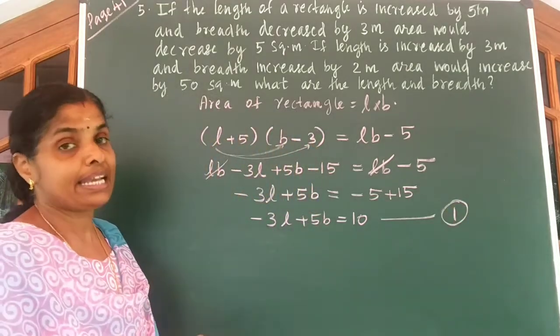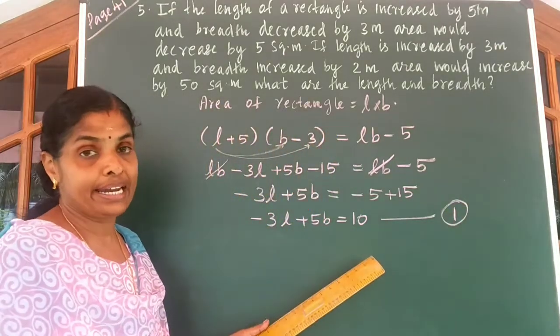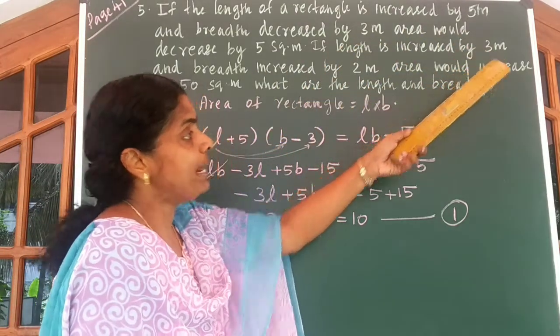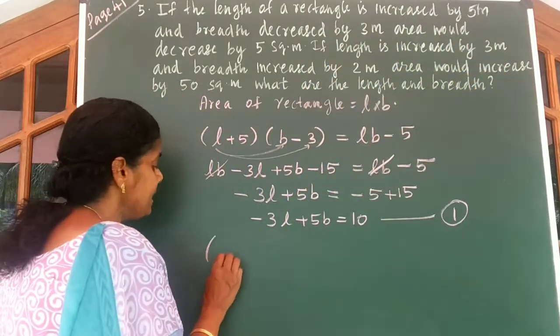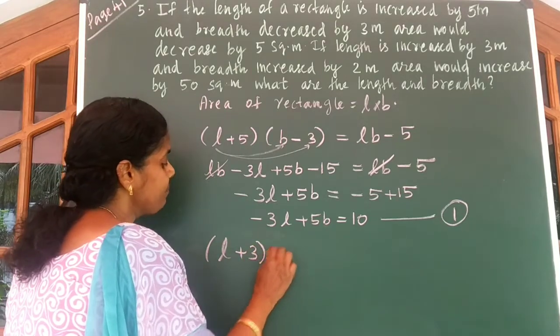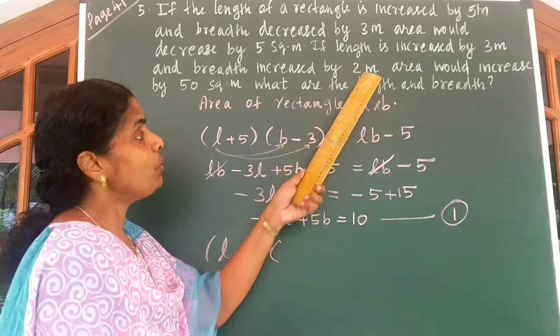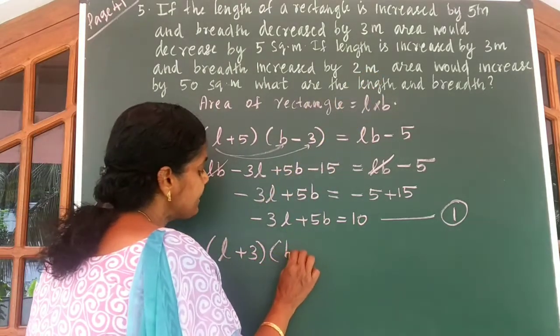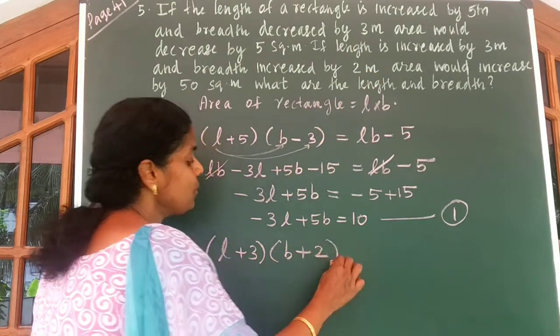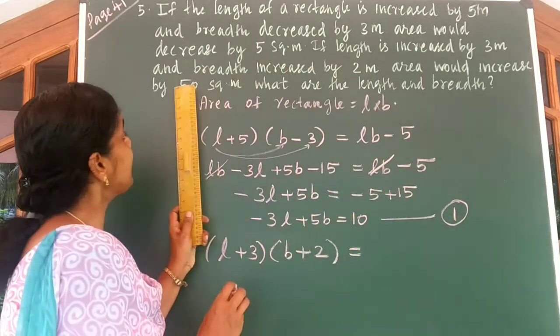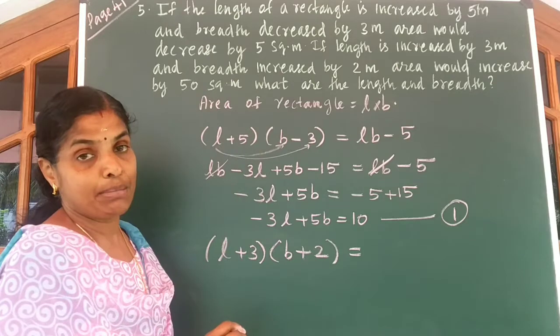Using the second condition given, let us write the second equation. If length is increased by 3 meter, that is L plus 3, and breadth increased by 2 meter, so breadth is also increased, use plus sign. Area would increase by 50 square meter.